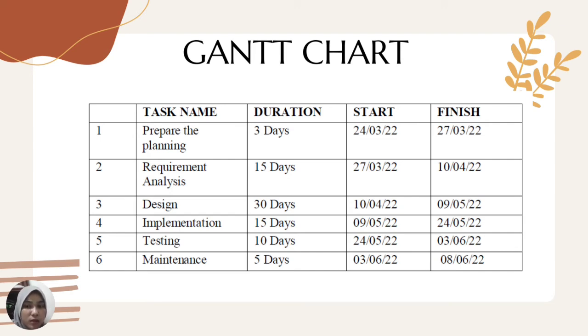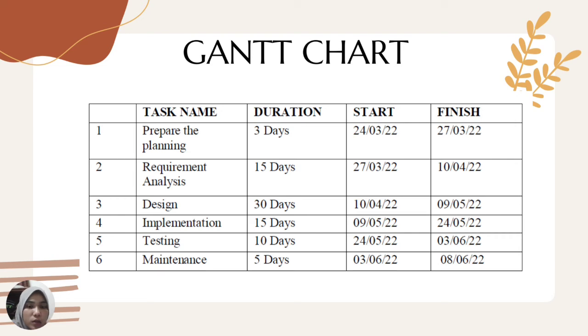Gantt chart. Task name number 1 is prepare the planning. The duration is 3 days. The start date is 24 March 2022. The finish date is 27 March 2022. Task name number 2 is requirement analysis. The duration is 15 days.